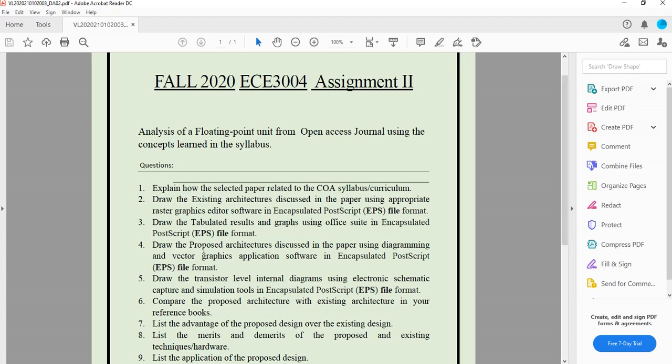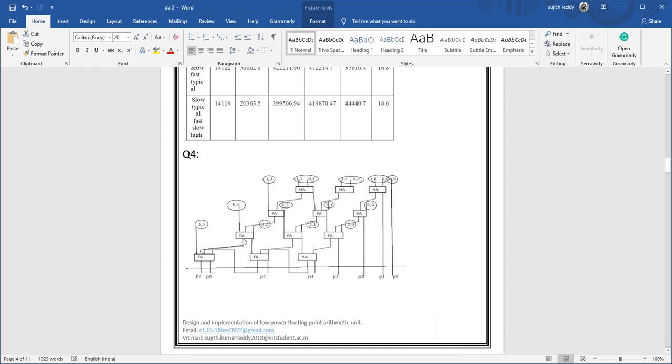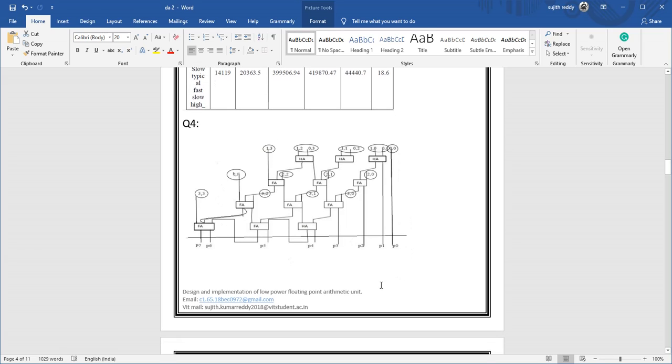Question four: draw the proposed architecture discussed in the paper using diagram and vector graphics application software in encapsulated PostScript file format. This can also be drawn using Creately. Here you just pick circles and insert the given data in them and draw it.